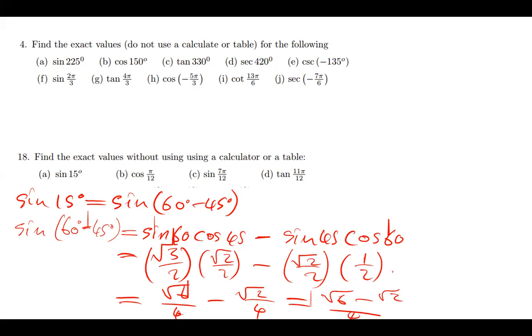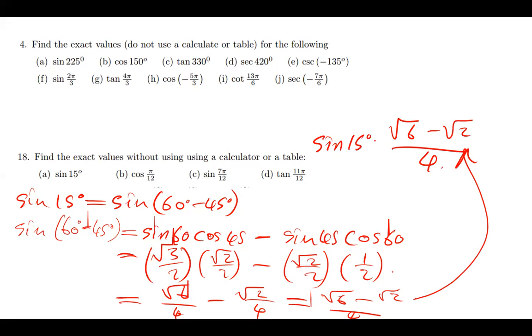That's the answer. So sine 15 degrees is simply equal to root 6 minus root 2 over 4. This is how simple it is to find values for angles that are not special angles.